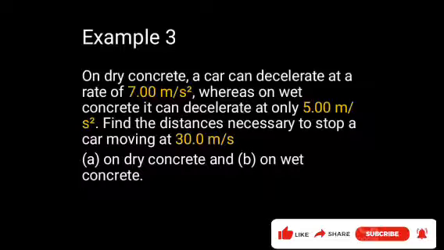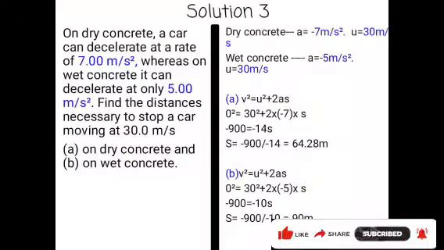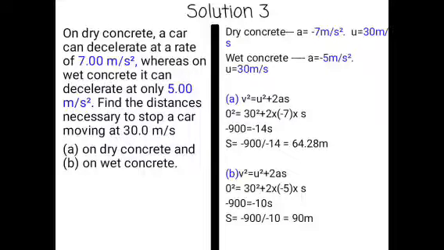Step 1 says list out the given. So I'm going to list for dry concrete and wet concrete. Starting with dry concrete, we are given the acceleration to be minus 7 meters per second square, the initial velocity to be 30 meters per second, and for wet concrete we are given the acceleration to be minus 5 meters per second square and u, the initial velocity, to be 30 meters per second.